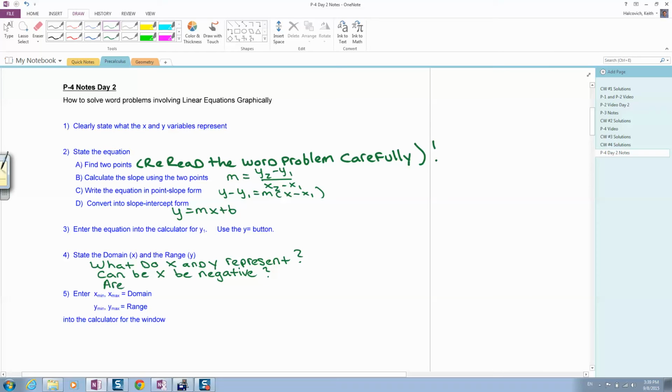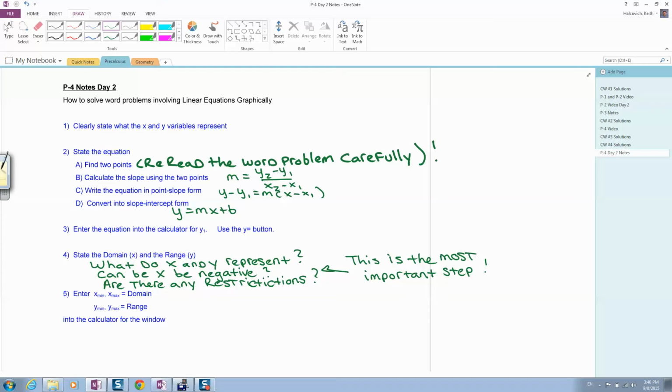Are there any restrictions? This is the most important step, because this will determine if you can find the answer or not. So make sure, as we practice, you get good at finding the domain and range.